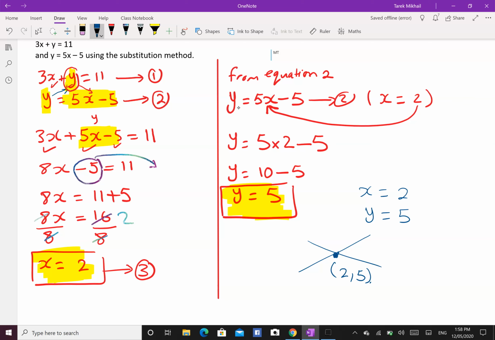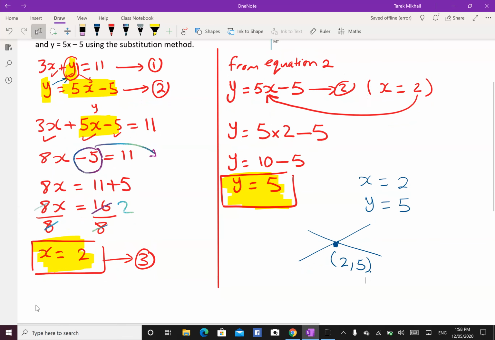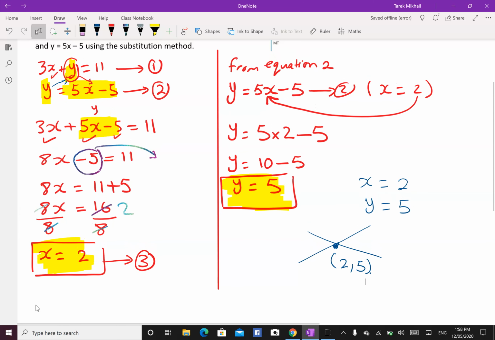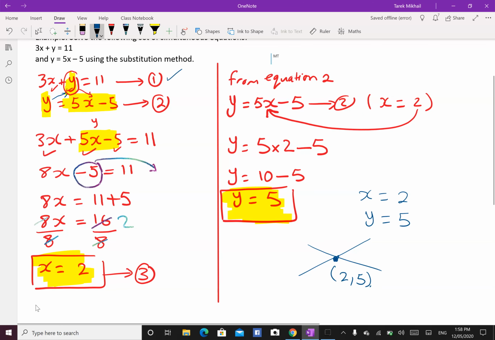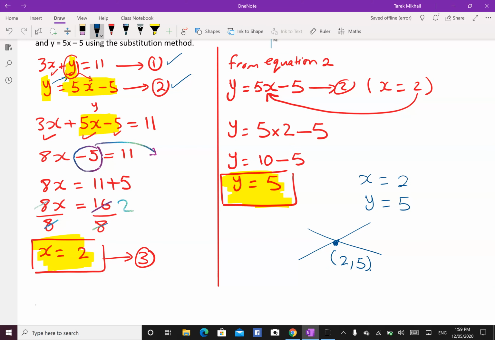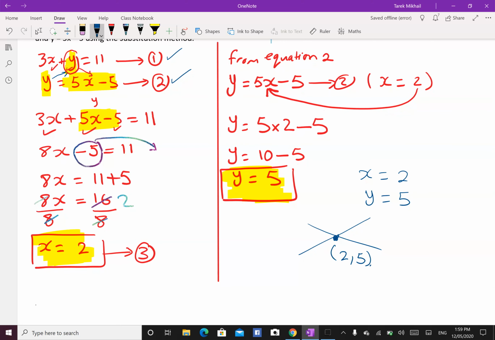Alright, if you want to verify your answers, you can pick any equation to verify. For example, I can pick equation 1 or equation 2, it doesn't matter. All I have to do is substitute the values of x and y into the equation and see if the left side equals the right side.